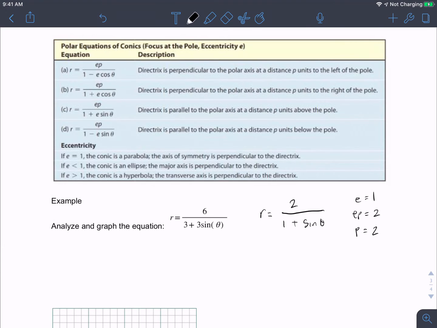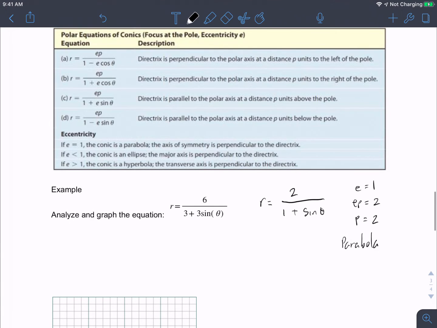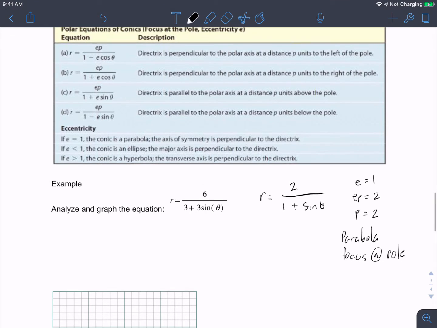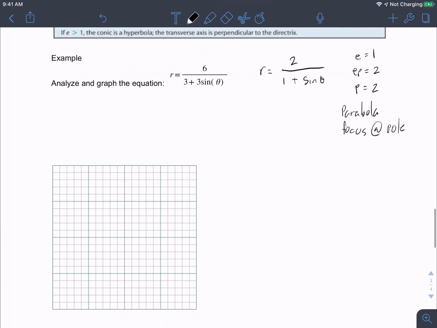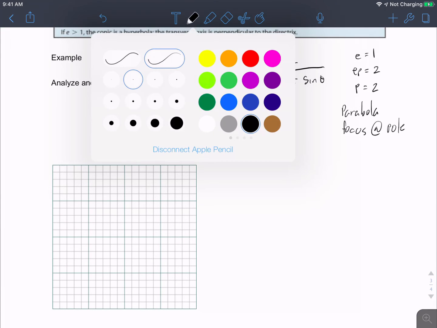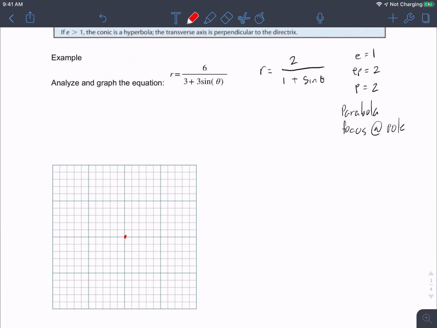And we can see that what we have here is a parabola, because E is equal to 1. And the focus occurs at the pole. So that's important for us to know. Now, we can find some things. So I'll do it in red. The focus is at the pole.